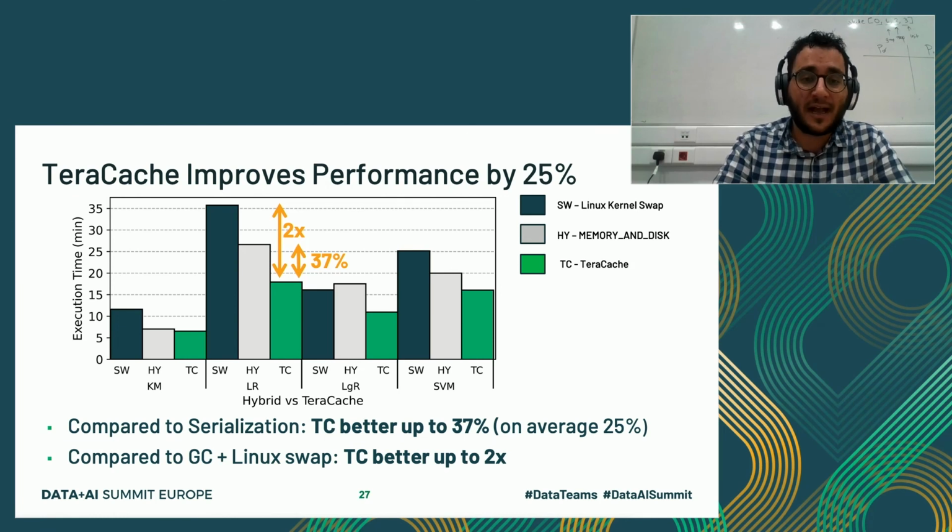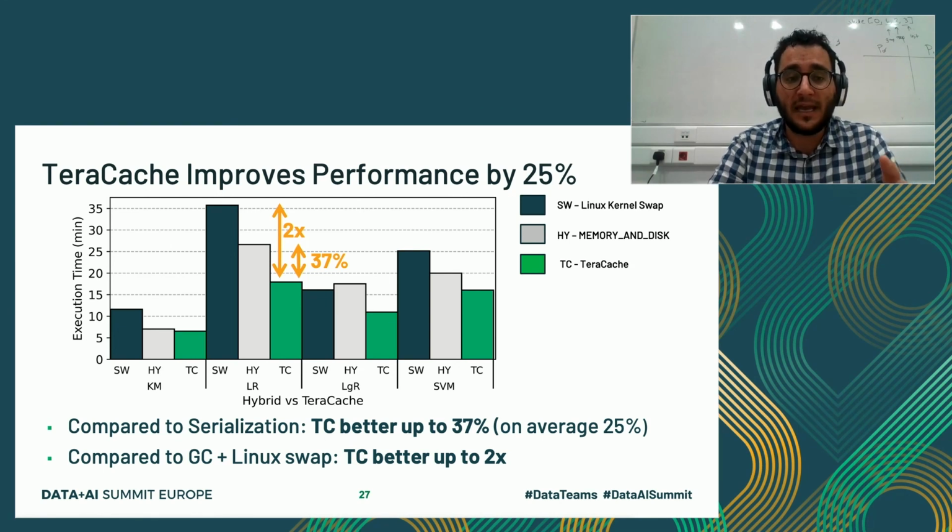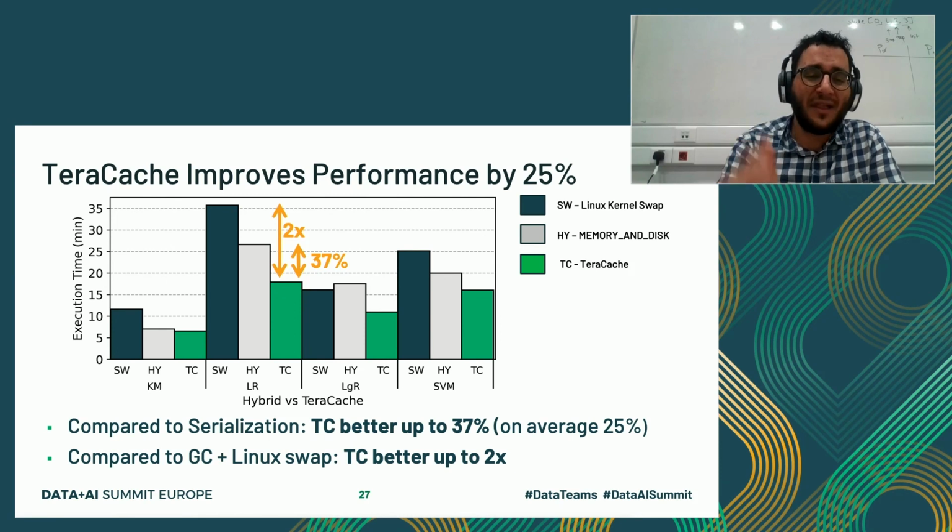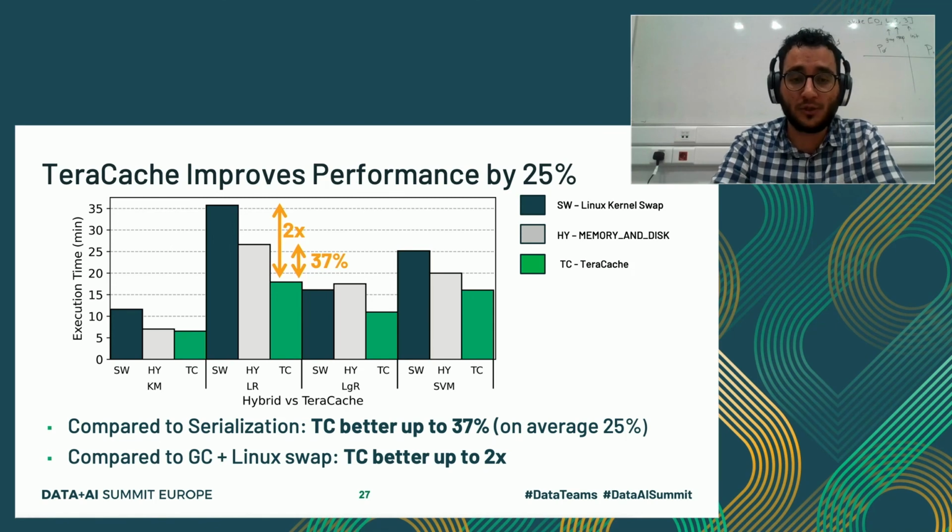Also, TeraCache is better by up to 2 times compared to having a swap heap located over a fast storage device using Linux kernel swap. In both situations, we eliminate serialization deserialization, and also we improve the garbage collection time because we avoid traversing the cache RDD's objects.